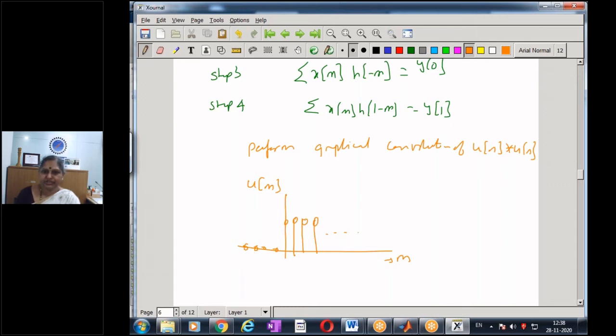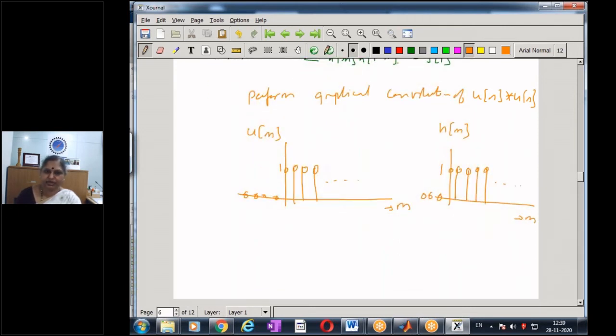And I also need to sketch h of minus m. So let me sketch first h of m. They're all of magnitude 1. This was my step 1.